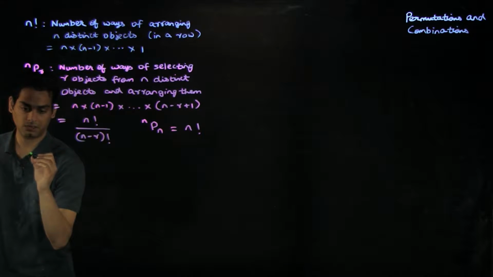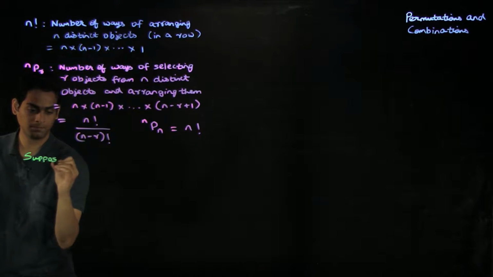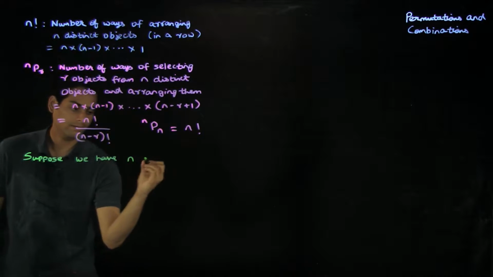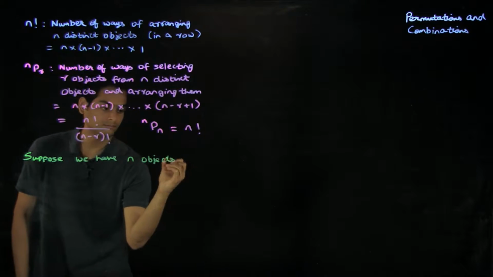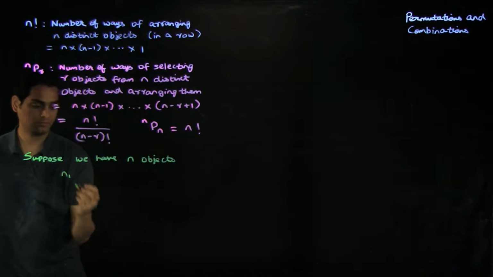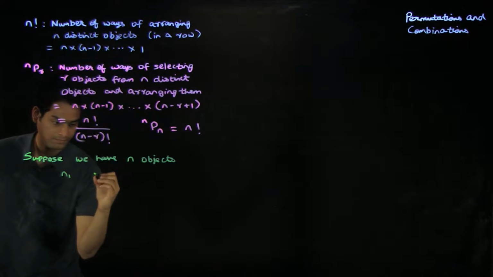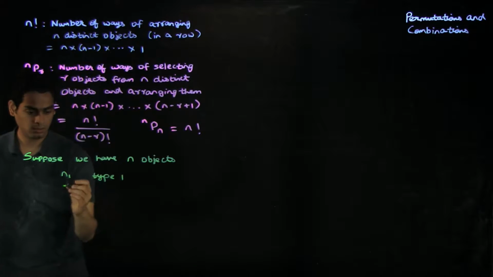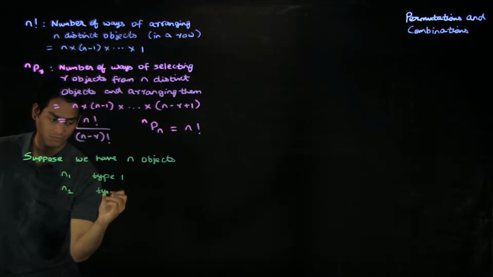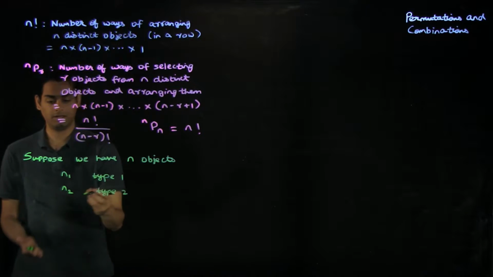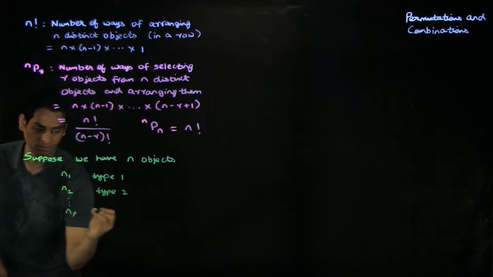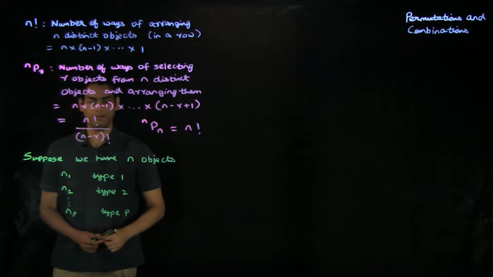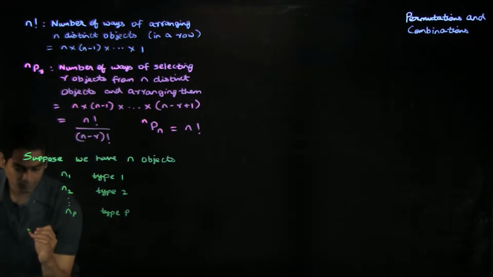So let's consider a more general case, where suppose we have n objects with n1 of those objects being of type 1, and these n1 objects are identical to each other, n2 objects of type 2, where these n2 objects are identical to each other, and so on. Suppose we have np objects of type p. So how many ways are there of arranging these n objects?